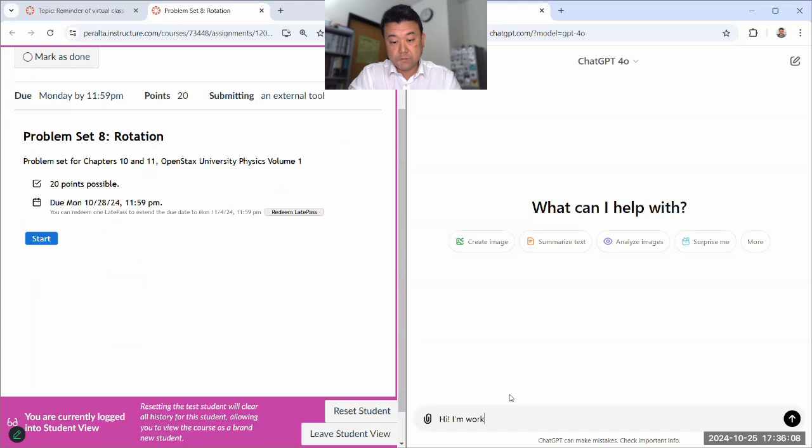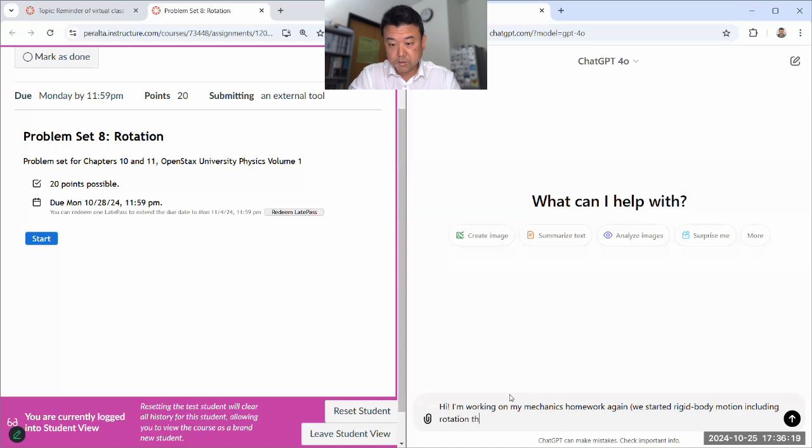Hi, I'm working on my mechanics homework again. We started the rigid body motion, including rotation this week, and I'd like your help in trying to understand the material again.